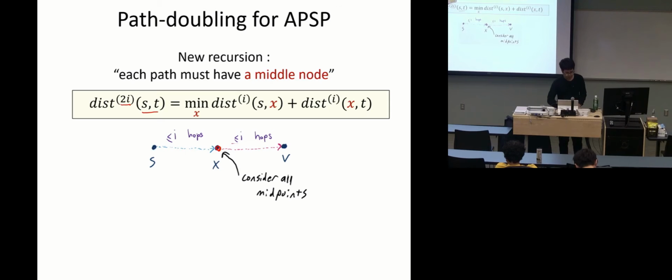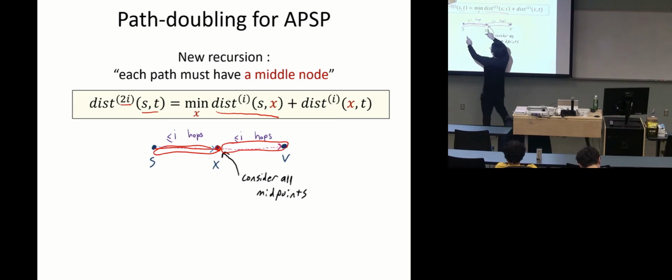Then the distance is going to be at most the length of these 2 things, right? Each of these 2 things needs to be the best path using at most i hops from S to x, and the best path using at most i hops from x to T.